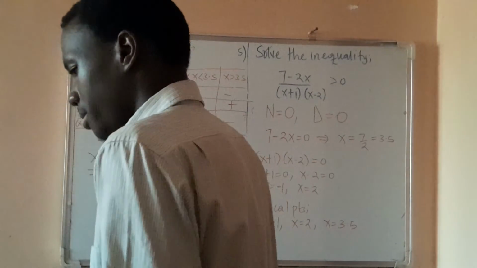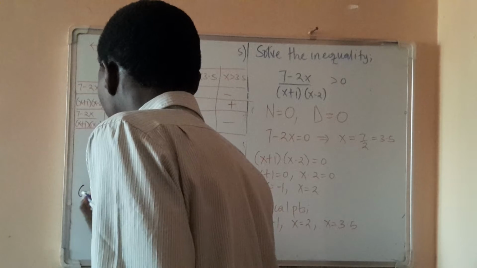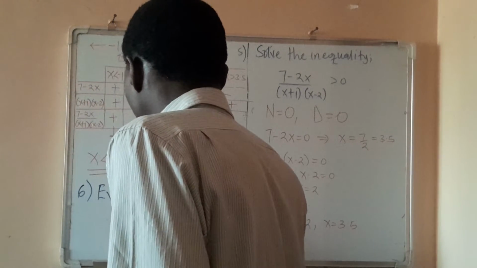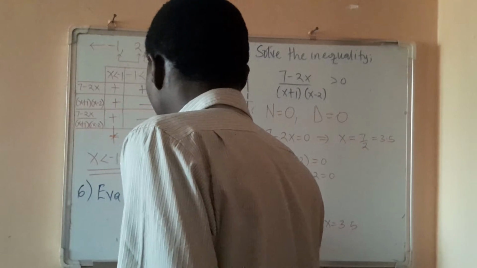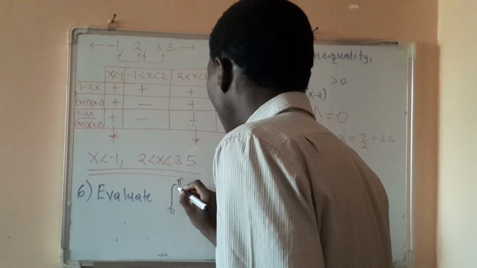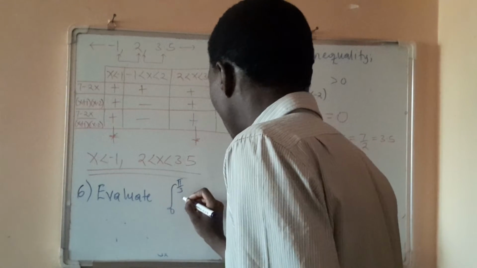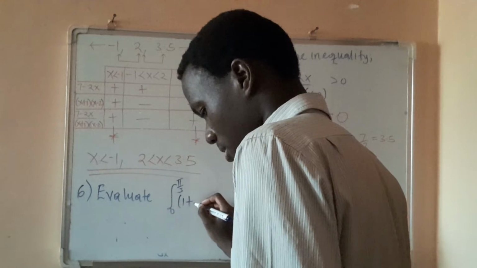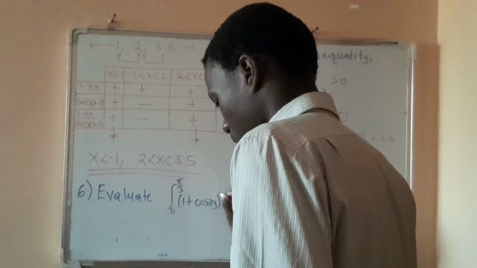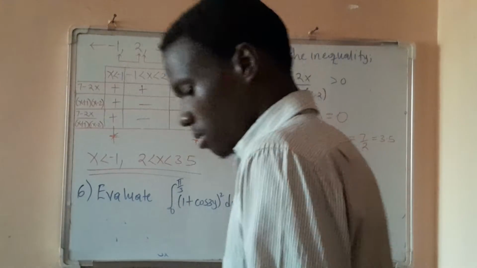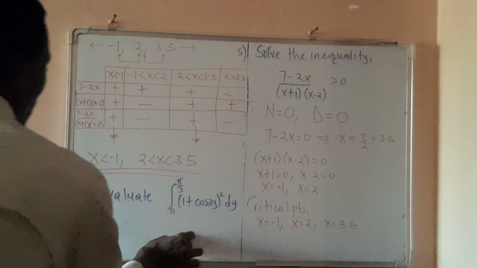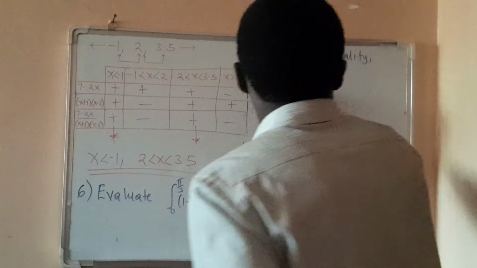We are required to evaluate this integral from 0 to pi over 3 of (1 plus cos 3y) squared dy. We want to integrate this function.